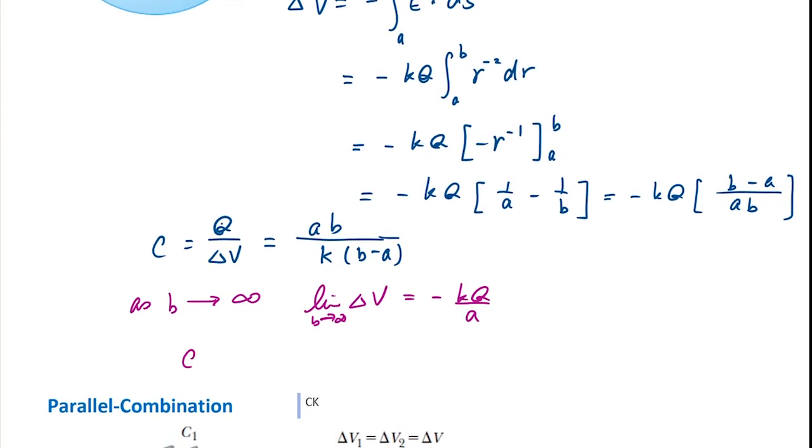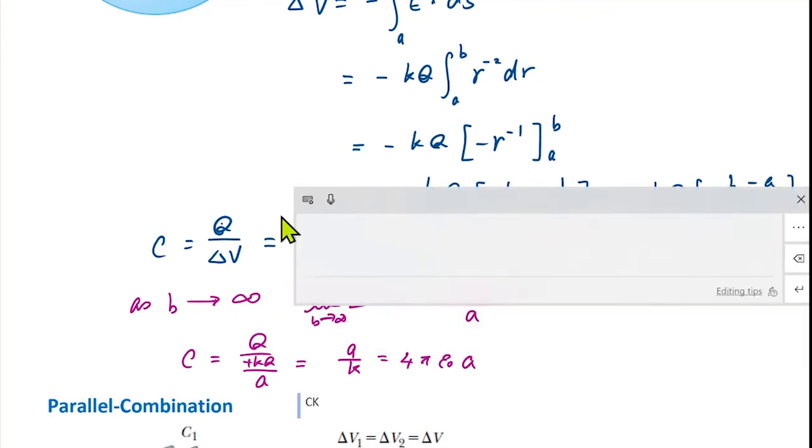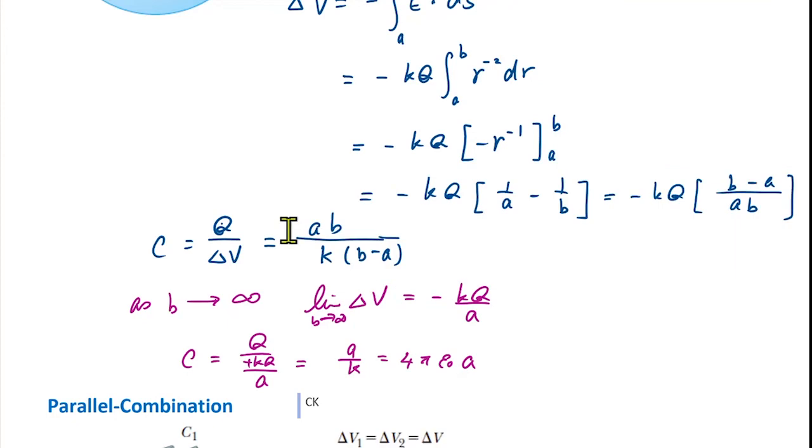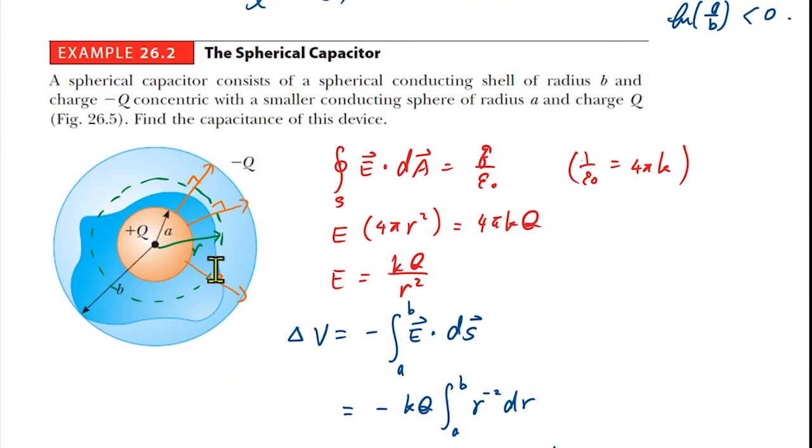Then your capacitance is Q divided by this, not negative, the absolute value of it. So we have A over k, which is the same thing, 4 pi epsilon A, the exact same answer as our first one. So this outside shell does not really matter when you have one inside, one outside.